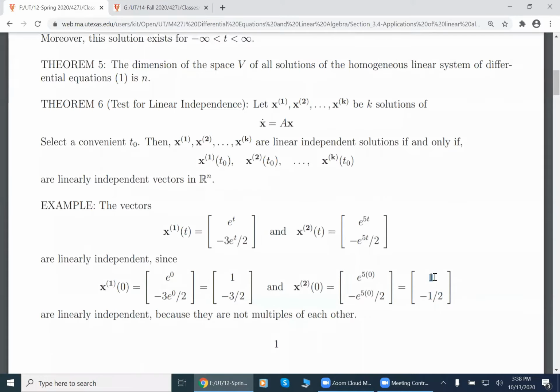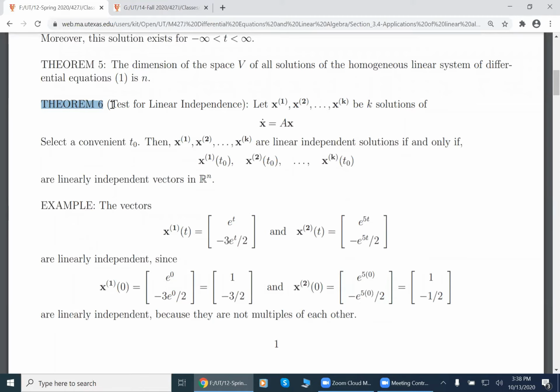Therefore, lambda is equal to 1. But if lambda is equal to 1, this times lambda is negative 1/2, which gives us a contradiction. It should be negative 3/2. In the same fashion, we show that this is not a constant multiple of this. So these two matrix columns are linearly independent. Therefore, these two matrix columns are linearly independent by Theorem 6.